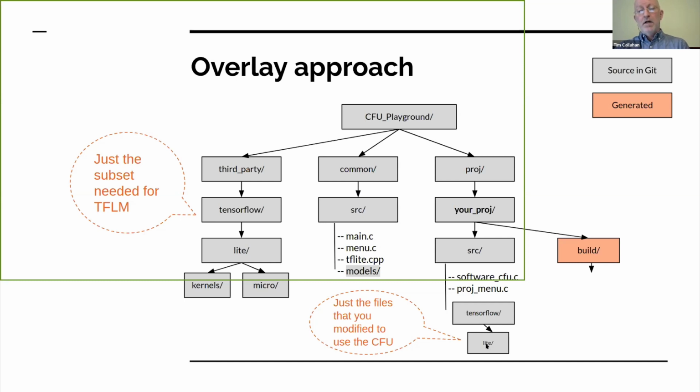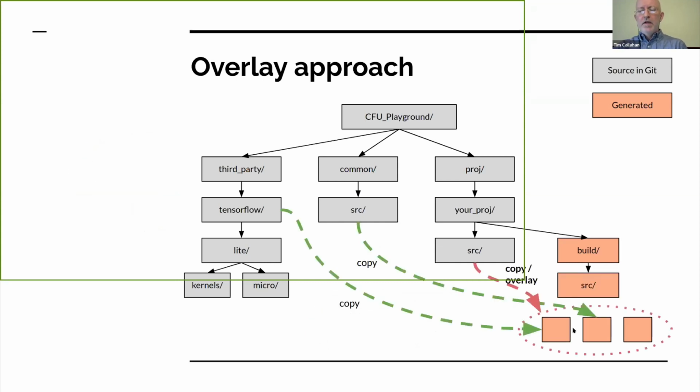This is where your project-specific kernels get dumped in, and with the overlay mechanism, the way it works is we first copy this into the build directory, and then if there's any paths from your project that match, that gets laid on top of the original version. And this is how the kernel that you wrote will override the default one from TensorFlow.